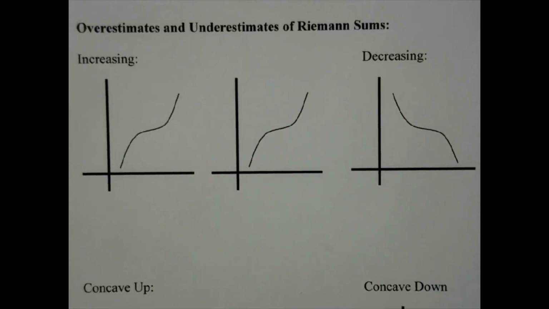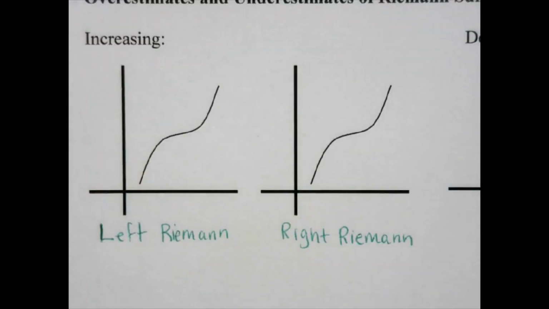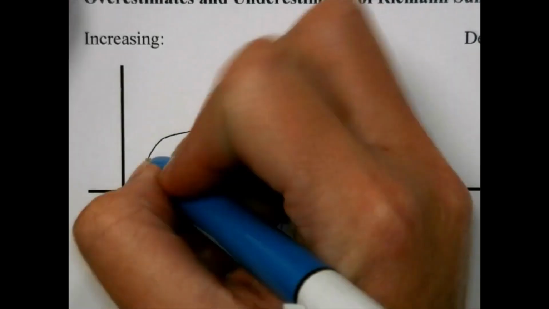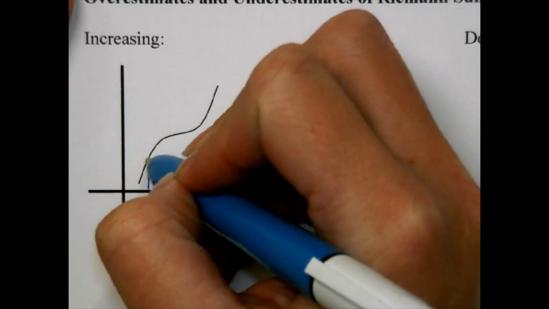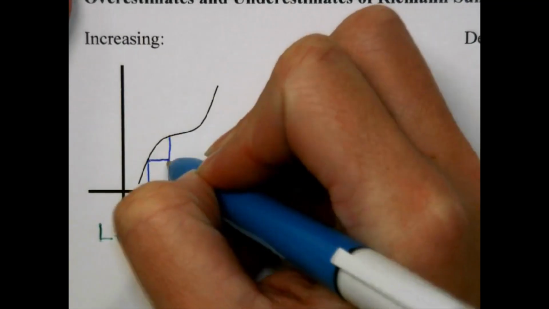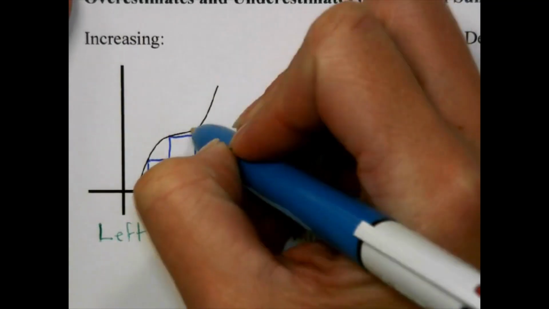Now I want to talk about whether the Riemann sums are an overestimate or an underestimate. For the right and left, that's going to depend on whether the graph is increasing or decreasing. So first we're going to look at if the graph is increasing, if we have a left Riemann sum versus a right Riemann sum. The left Riemann sum is going to be calculated from the leftmost point.